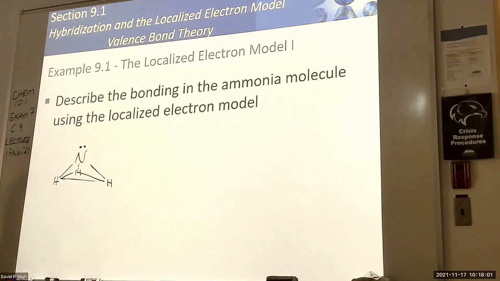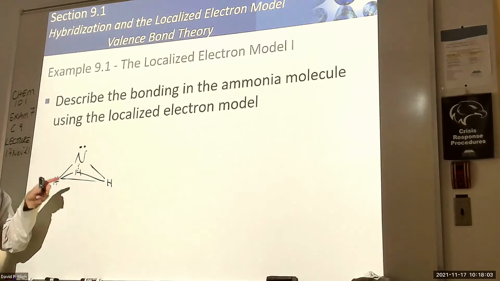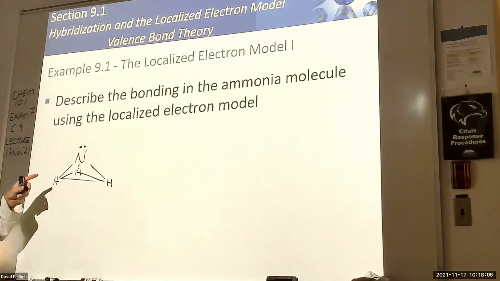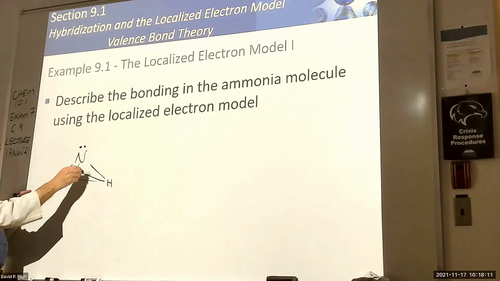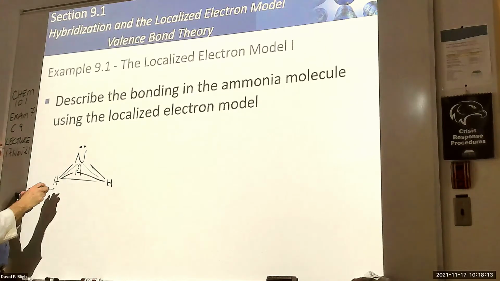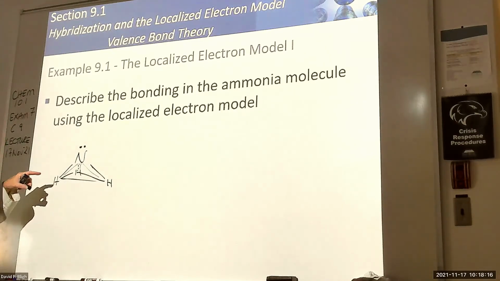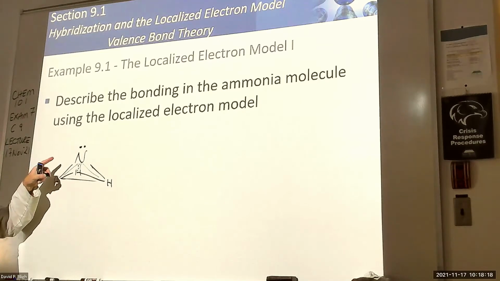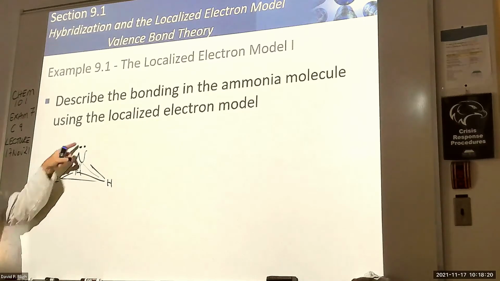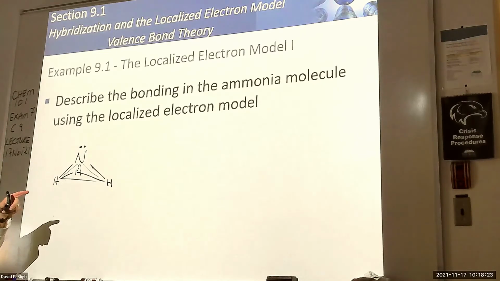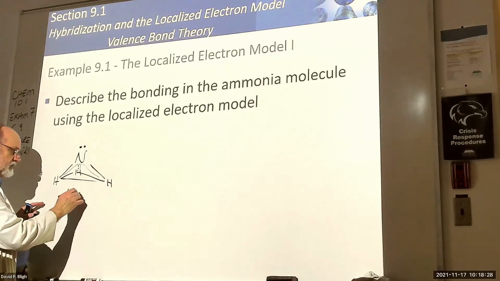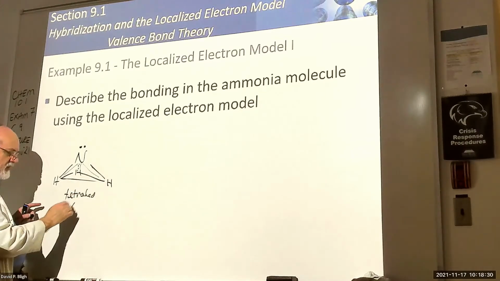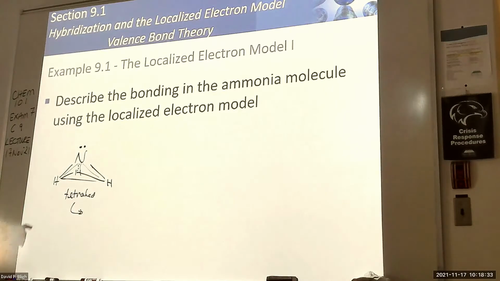So VSEPR predicts that this would be a tetrahedral electronic structure, because you have four groups, the bonds here, here, here, and this one lone pair. So the electronic structure should be tetrahedral. But the implied molecular structure is a trigonal pyramid.